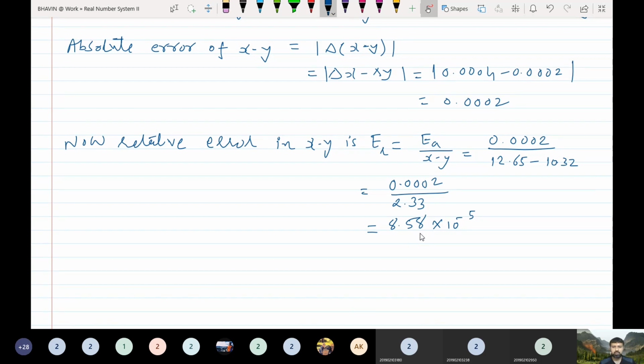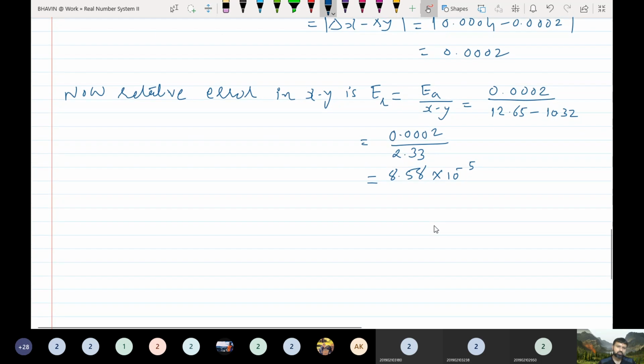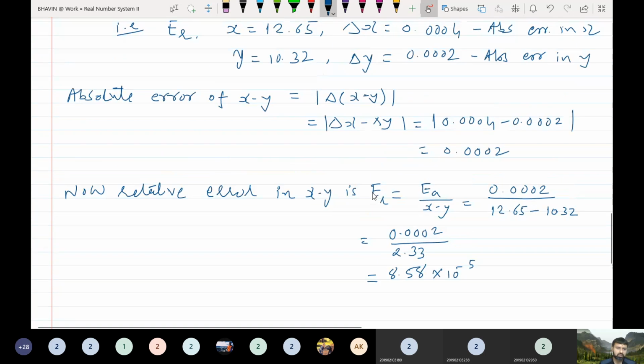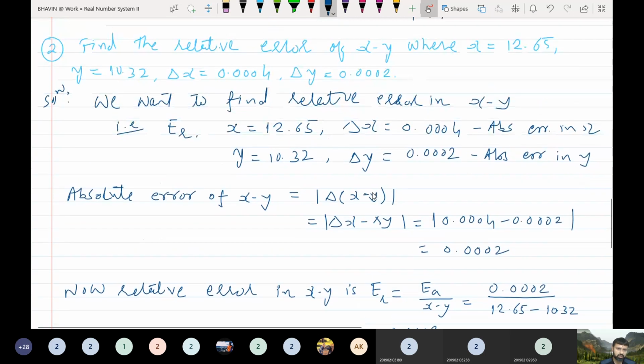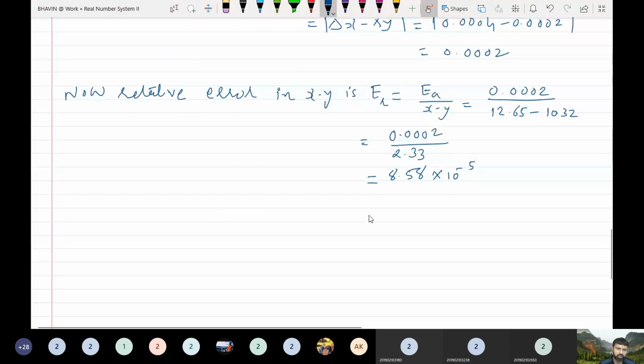Okay, is it true? Yes. Fine. So this is the relative error. Similarly, you can find out its percentage error also. Just multiply by 100, you can get its percentage error. Now let me take next example.